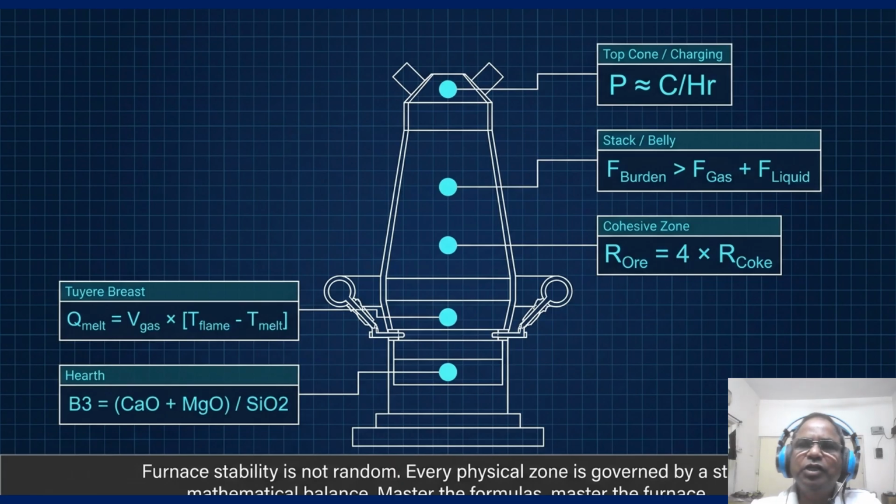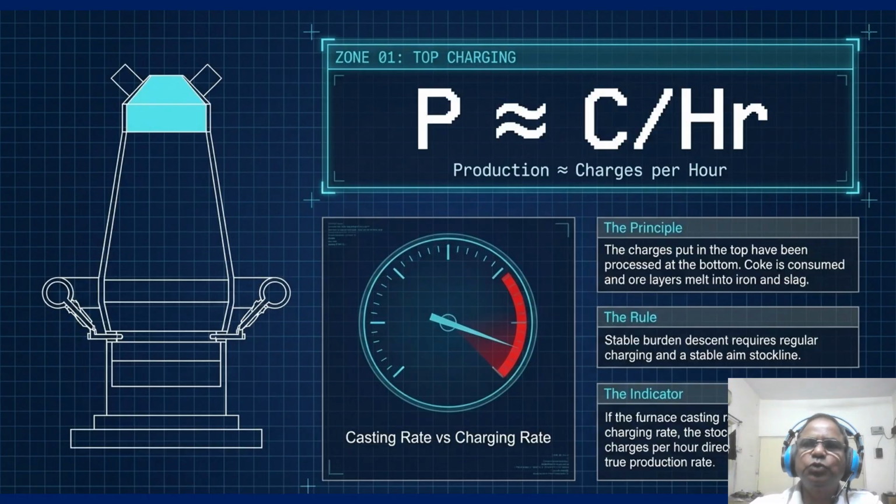Now, coming to the ability to use the charging rate as a real-time production indicator. Our first formula is for the top charging zone: production roughly equals the charges per hour.